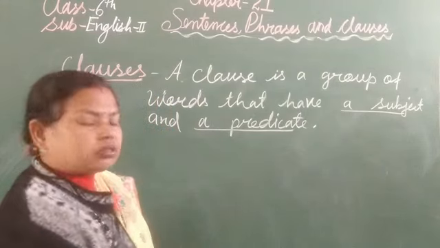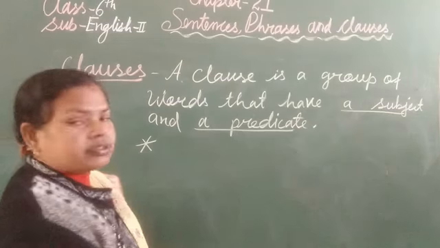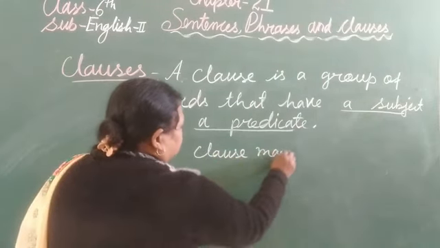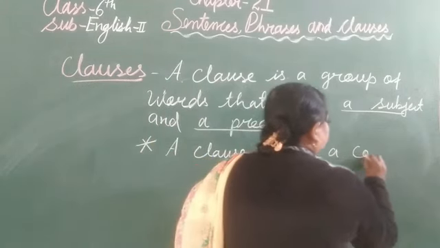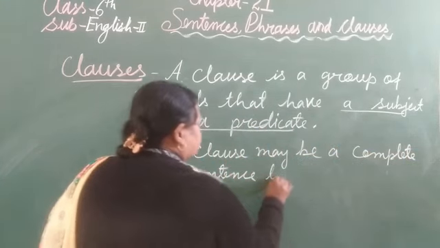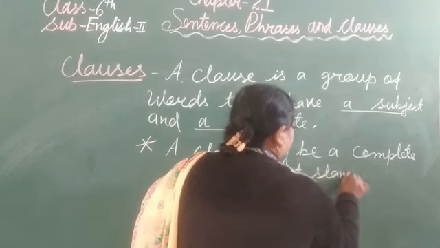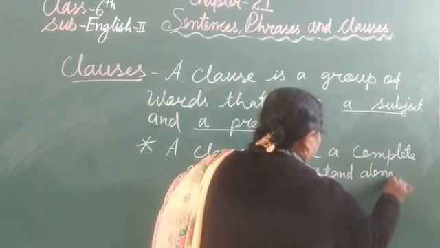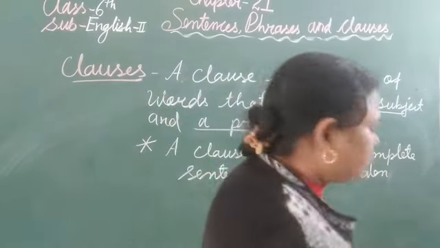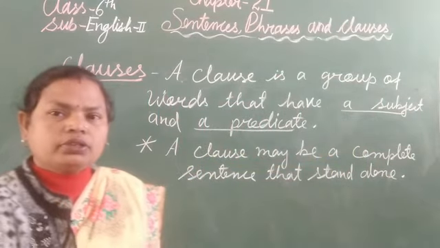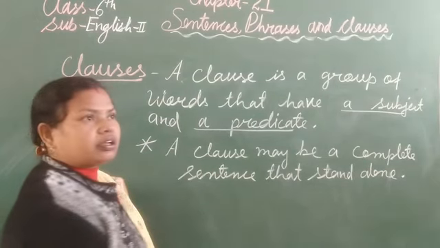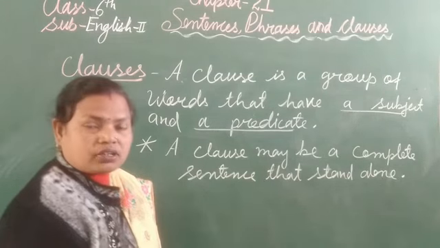Some of the more important points about the clause are, so you can write here, a clause may be a complete sentence that stands alone. See, a clause is a group of words. Here you can say a clause may be a complete sentence, which I have given you as the first definition, that is, they are playing a game, in which they is a subject and are is a verb.